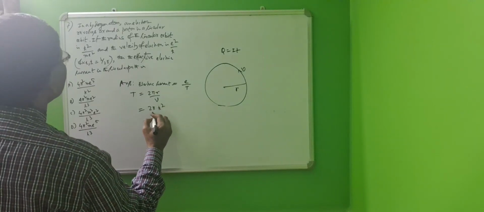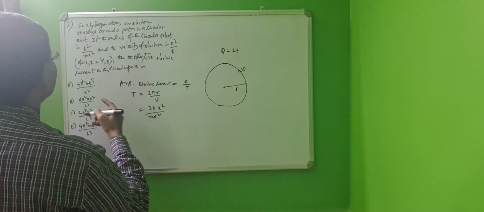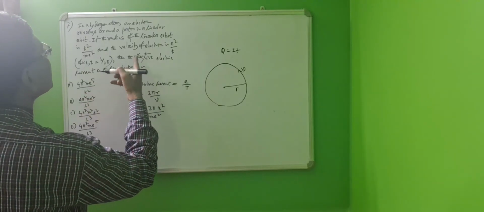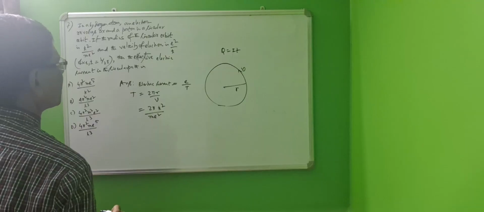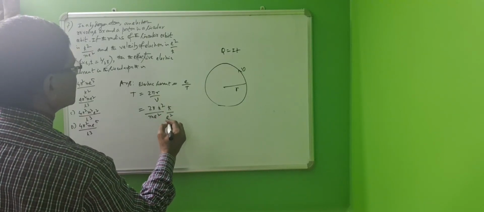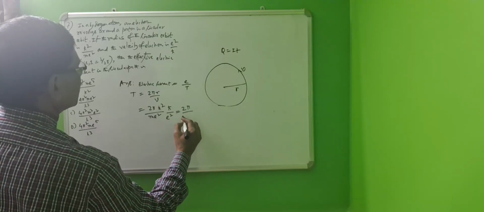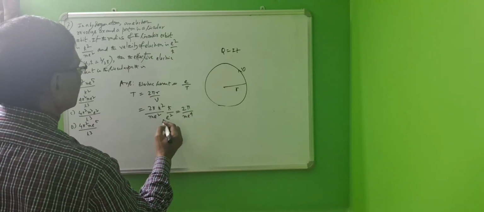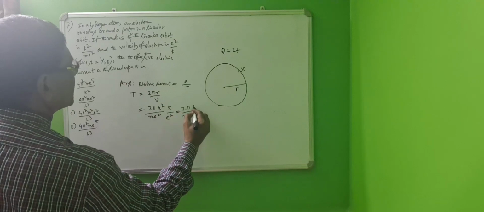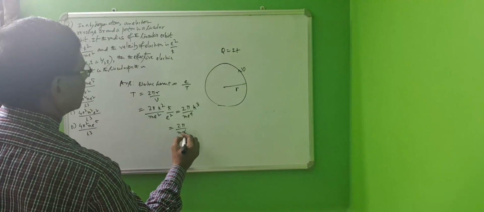Twice pi, h prime square upon m square into V, given as e square upon h prime. So h prime cubed equals to twice pi upon m e to the power 4.